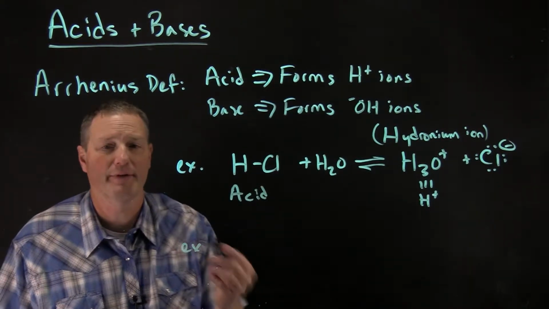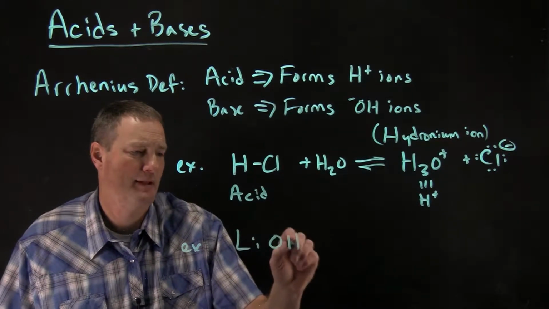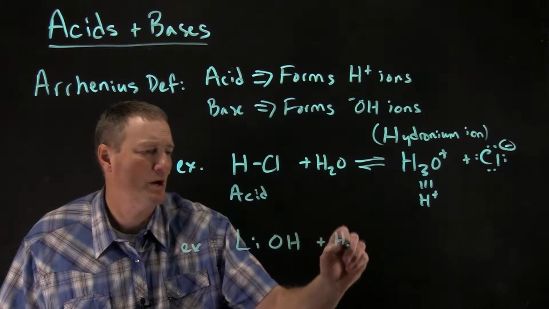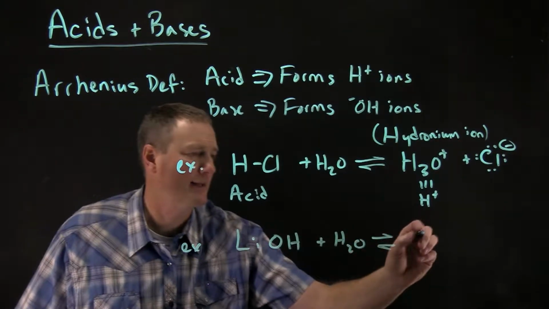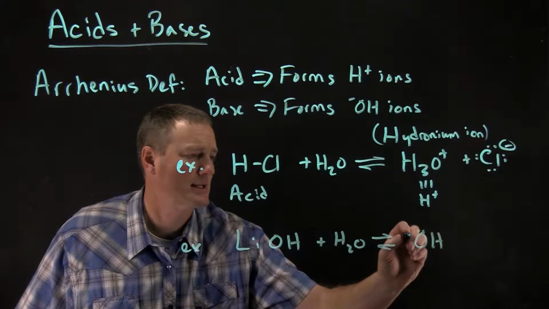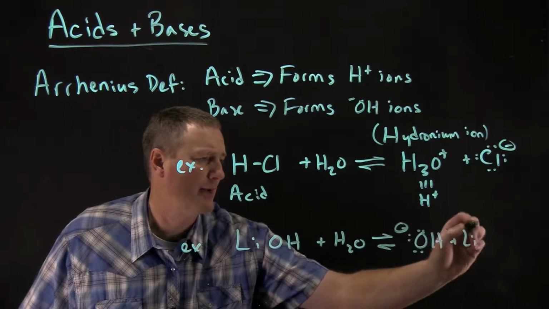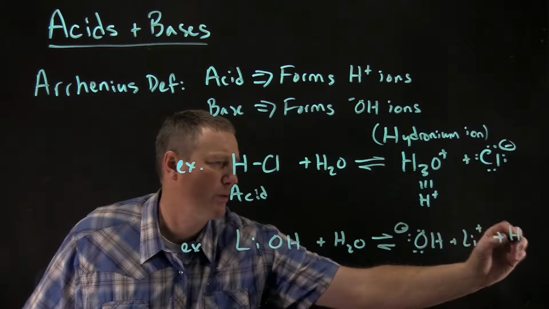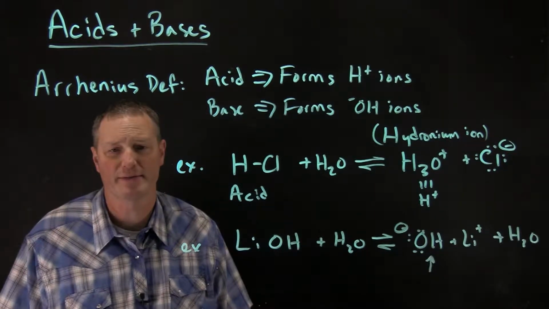An example of an Arrhenius base would be something like lithium hydroxide. If you put that into water, an equilibrium reaction occurs that basically allows OH- to form, plus Li+, and there's also water in there. But this is now the species that's formed.